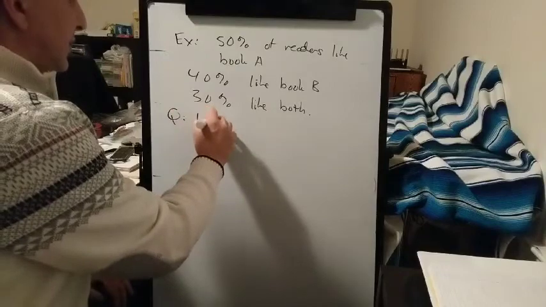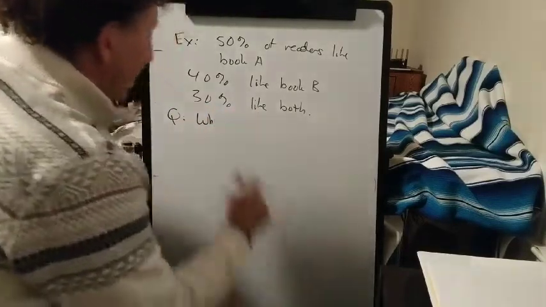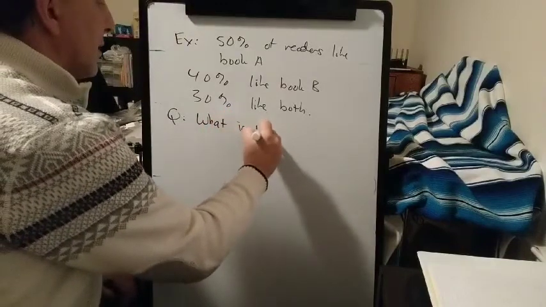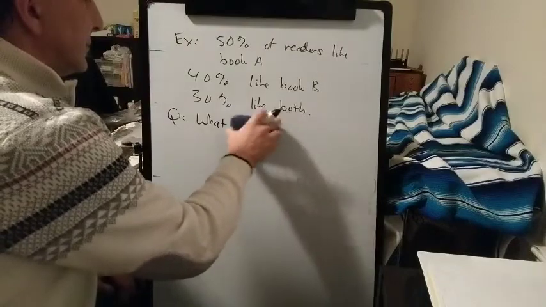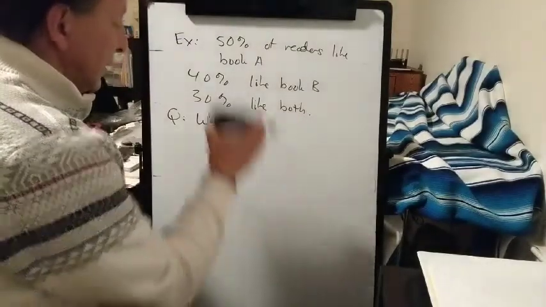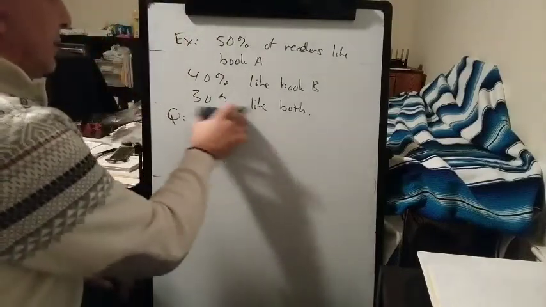The question is, what is the probability, or what fraction of readers? Now let's pick a reader at random and call it probability. So pick a reader at random.